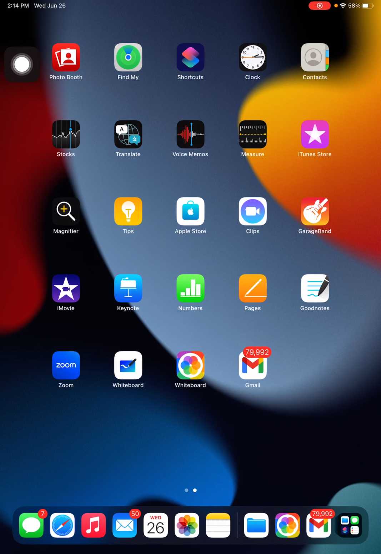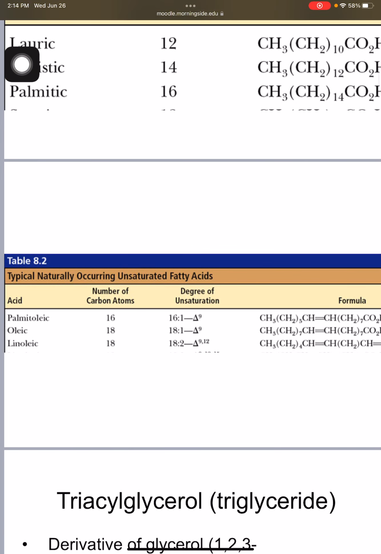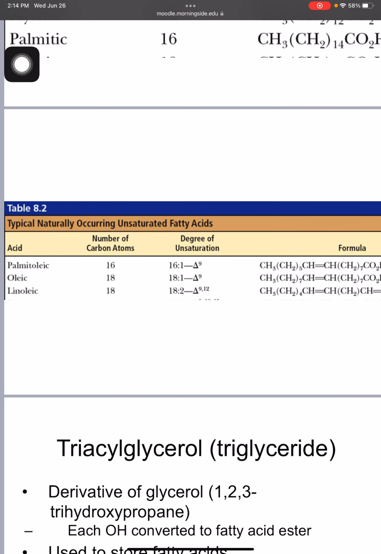All right, I'm going to show you another table. Table 8.2. This one shows you a series of another 5 acids: palmitoleic, oleic, linoleic, linolenic, and arachidonic acid. As you can see, it increases from 16 to 18, then you have a couple of others that have 18, and then arachidonic has 20. Now, look at the melting points.